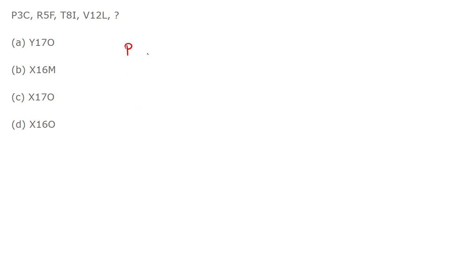So it is P, R, T, V. If I just number them, it is nothing but 16, 18, 20, 22. So the next digit should be the one at the 24th place. So it should be X. So it should start with X.